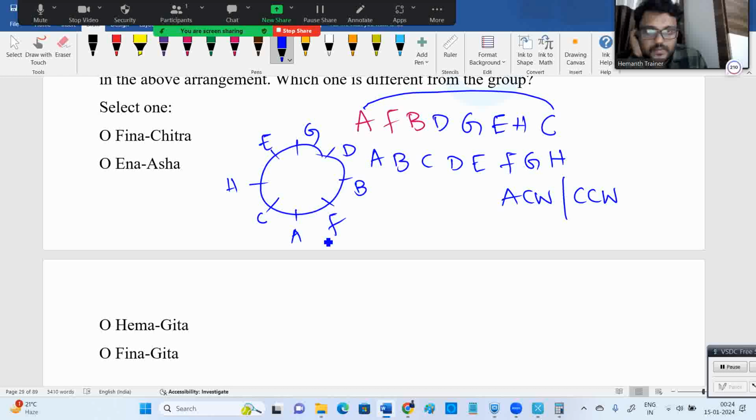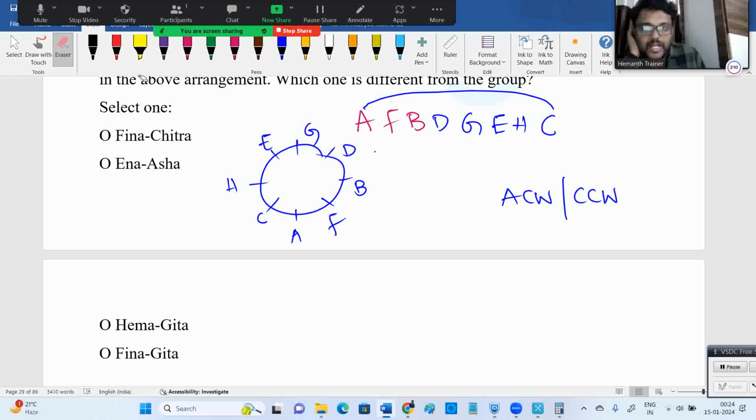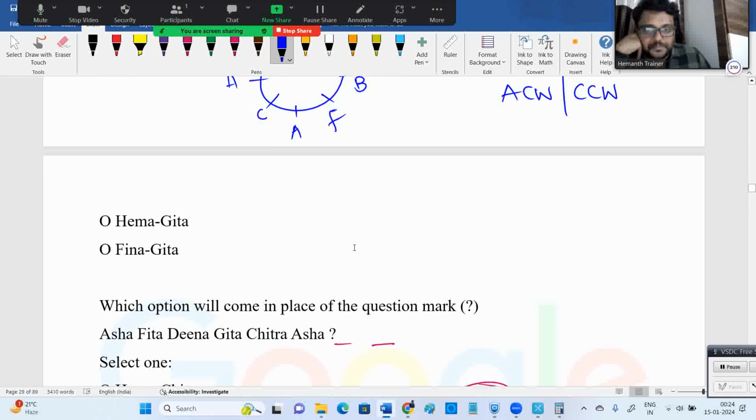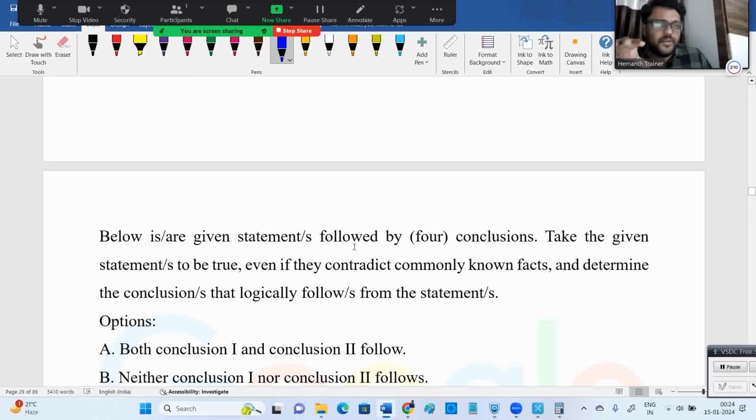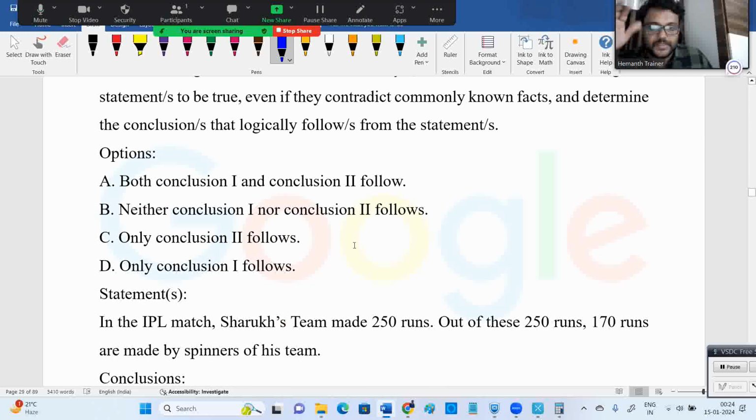Fine. Generally, odd one out will be like that. See, suppose one person between every pair, one pair, two people between, like that it will come. So here some mistake is there. But I hope you got the idea.